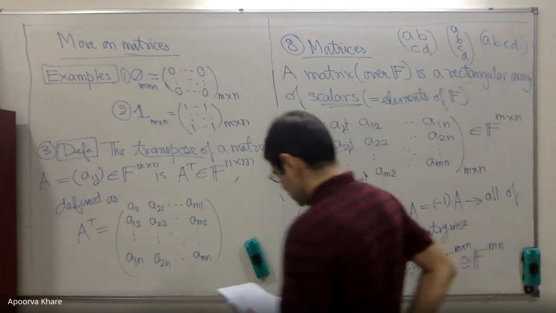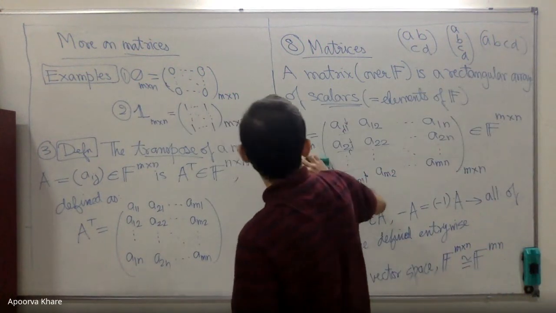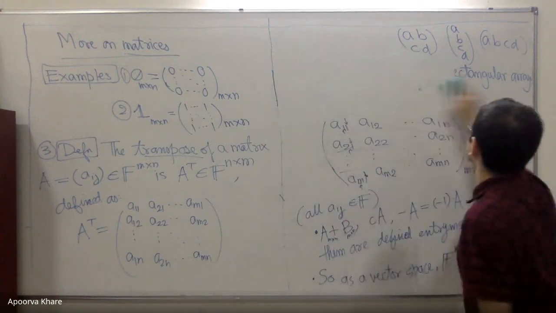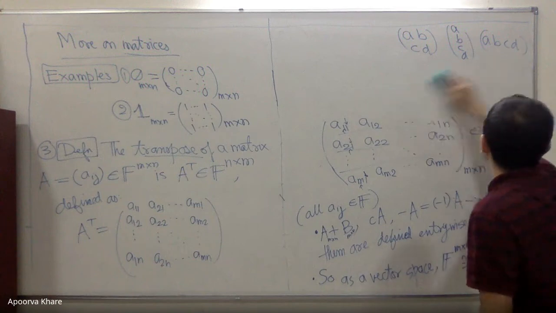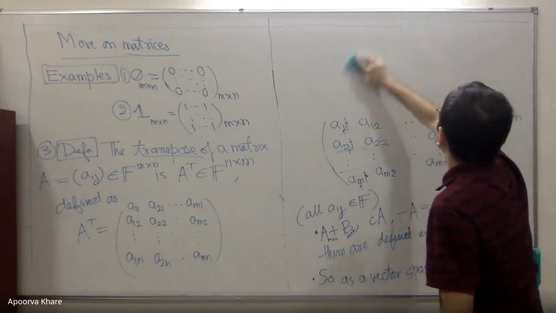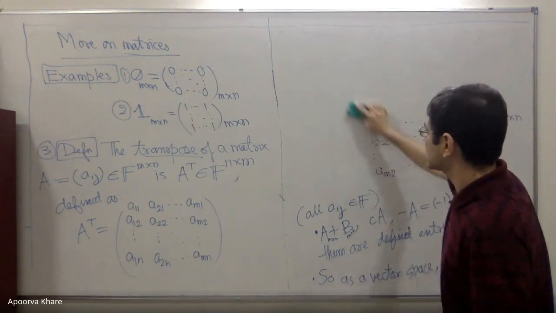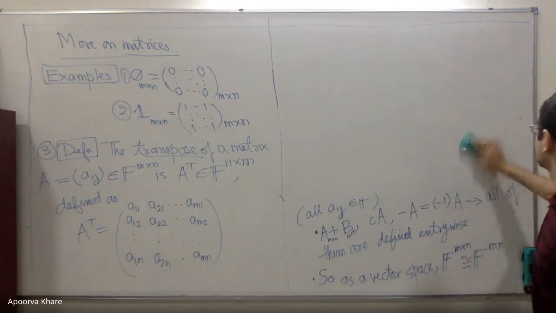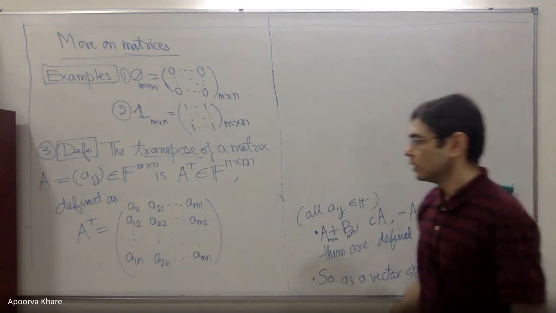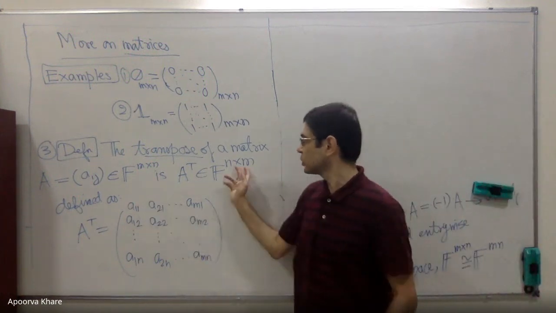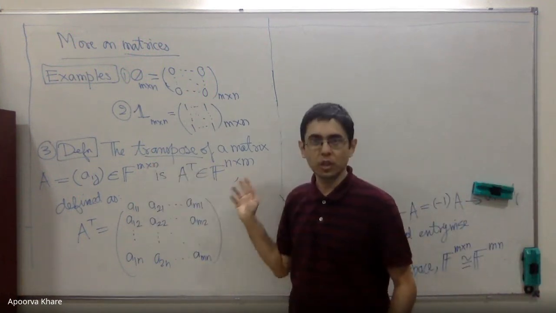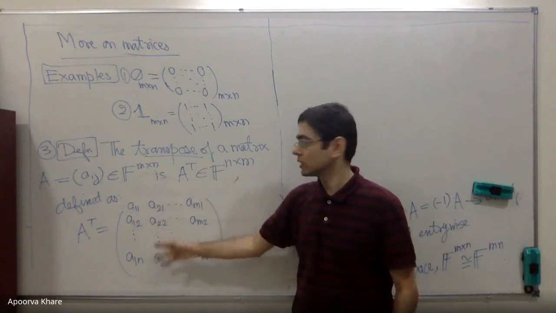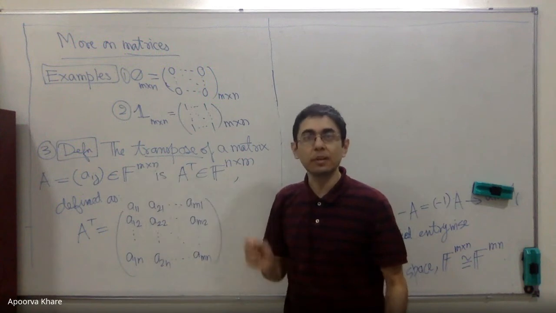Now let me make another definition. A matrix is said to be symmetric if you take the transpose and you don't change anything; the matrix remains the same. For that, first of all, the number of rows and number of columns are getting switched. If you are not going to change the matrix itself, then the size also cannot change, so the number of rows and number of columns must be equal.